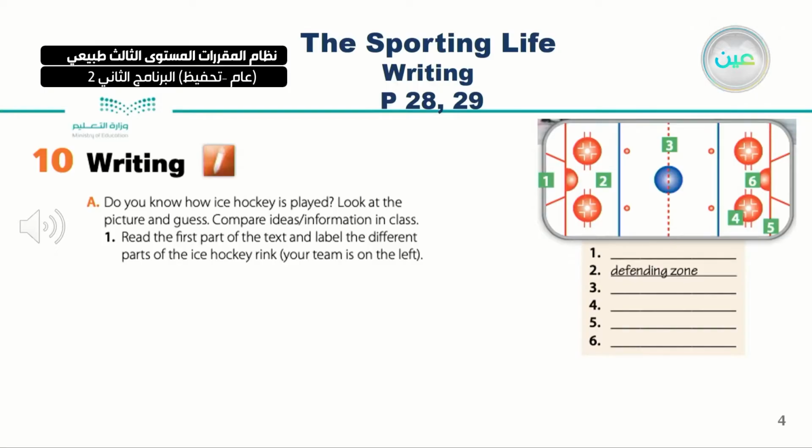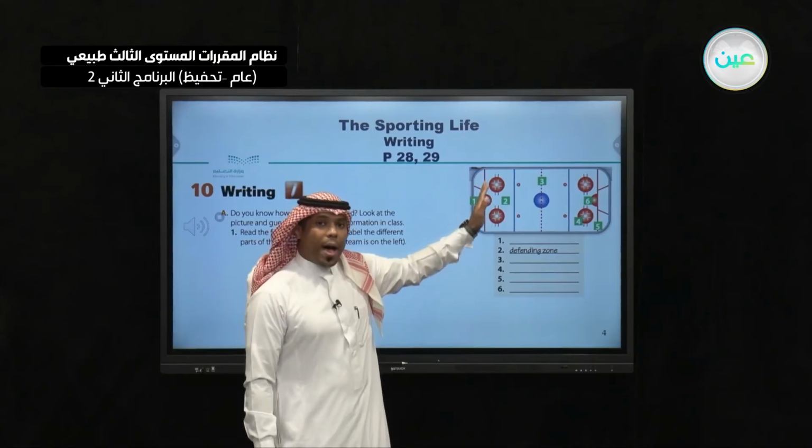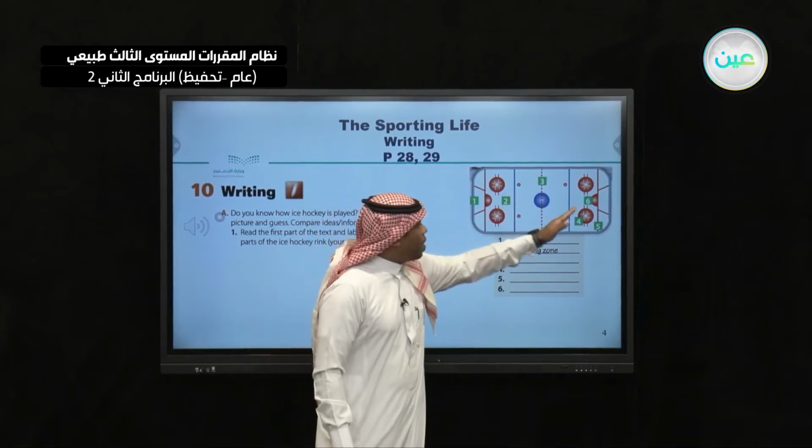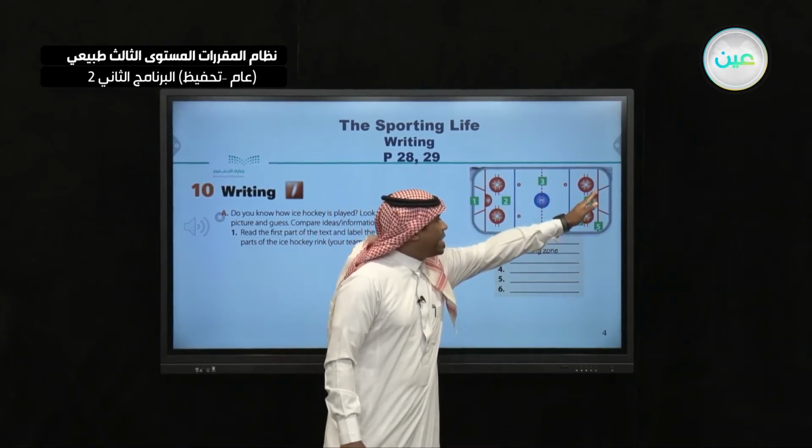Now we are going to read the first part of the text and label the different parts of the ice hockey rink. This is the ice hockey rink, and we have numbers 1, 2, 3, 4, 5, and 6.